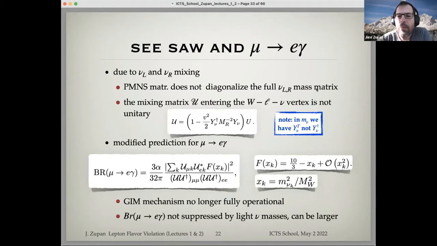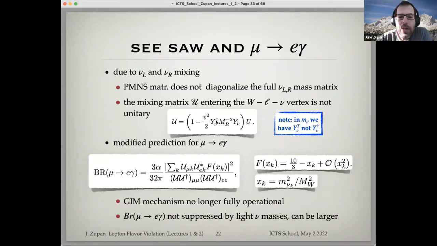And the mixing matrix that enters the W-lepton-neutrino vertex is no longer the PMNS, but this curly U, which gets an extra correction from the presence of the right-handed neutrino. So there will be an extra piece here that would vanish if I take MR to infinity, as it should. Then we're back to the Majorana neutrino case without the presence of the right-handed neutrinos.